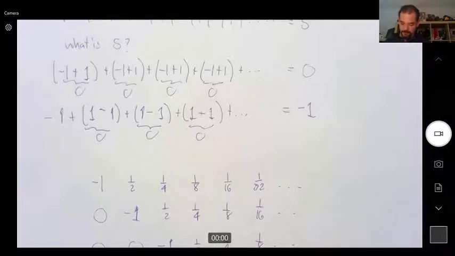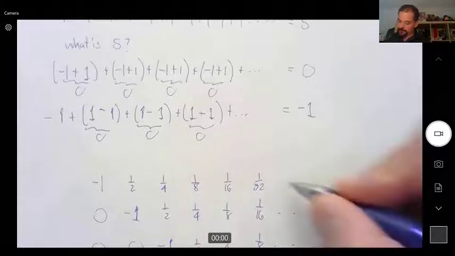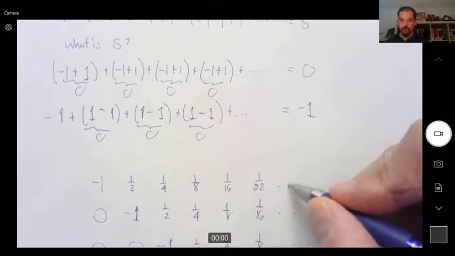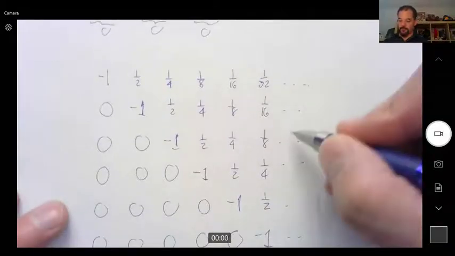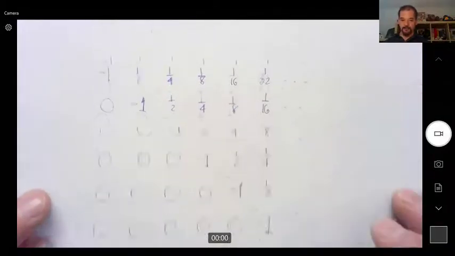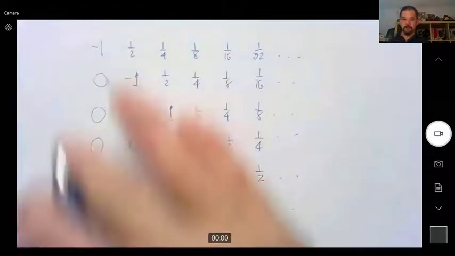And notice, it continues, right? So it's an infinite thing. Even though I'm not writing the numbers here, these numbers should continue. So over the next one over here is 1/64, and then 1/32, 1/16, 1/8, etc. We have this infinite array of numbers.